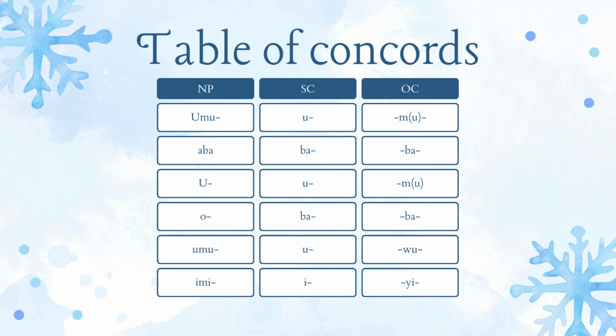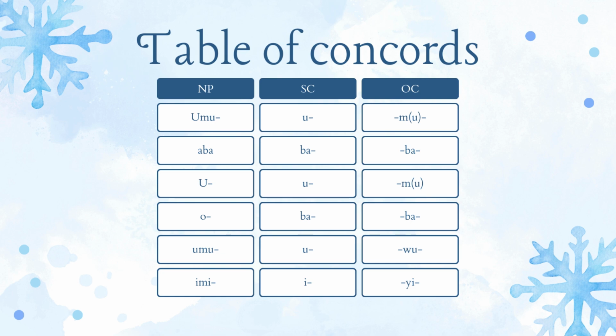For example, if I want to use the prefix and the subject concord to make a sentence: Umuntu uyahamba. The person is walking or the person is going.